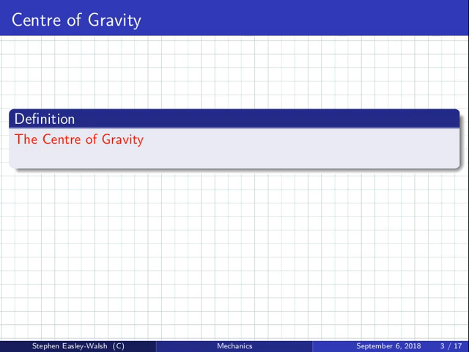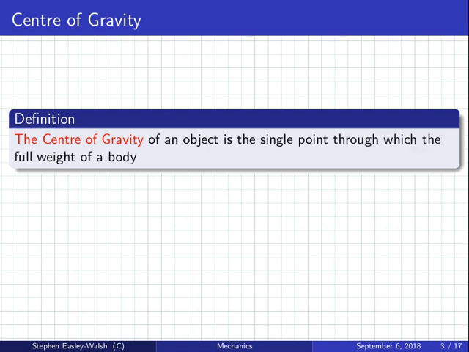Okay. So the center of gravity of an object is the single point to which the full weight of a body appears to act. So I think this is what you were trying to get at. It's the point where the weight appears to be acting from.